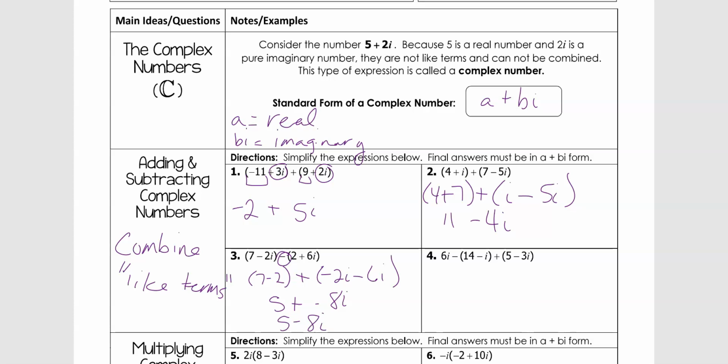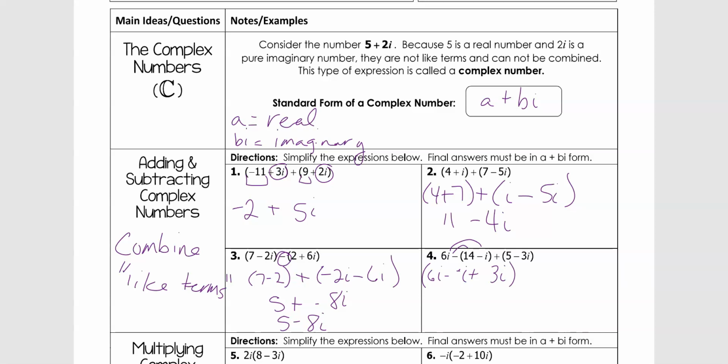And finally, number 4 is 6i minus 14 minus i plus 5 minus 3i. So we are going to go ahead and have our negative distribute through. Okay, so we're going to have 6i minus negative i plus negative 3i.